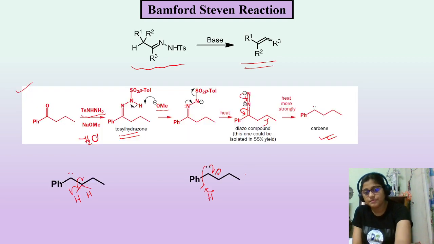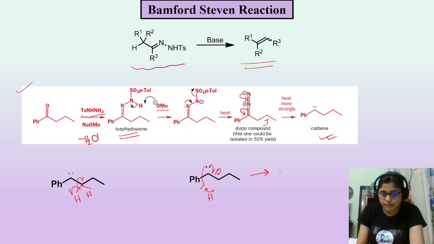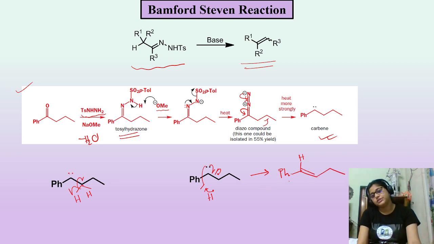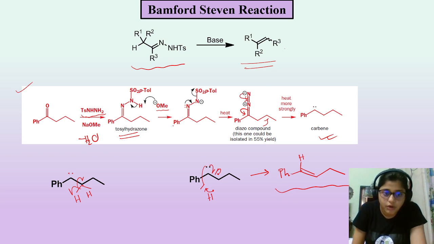So now the product will have hydrogen and a double bond, and this will be the product. So an alkene will be formed. R1, R2, R3.